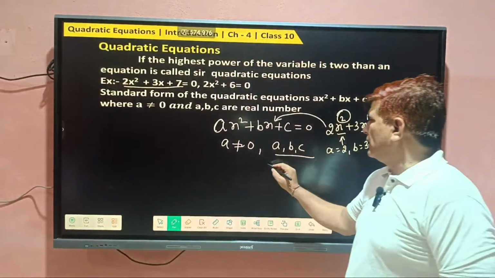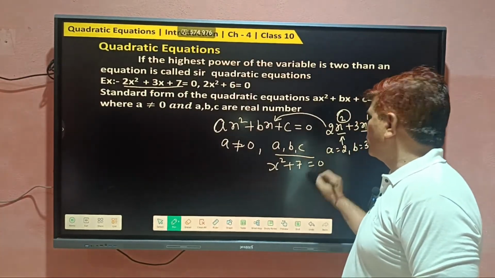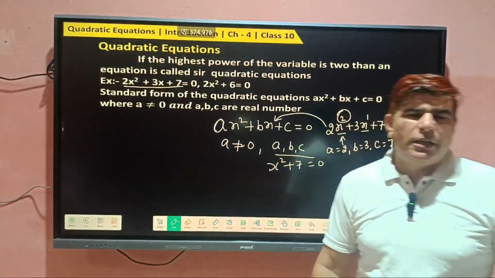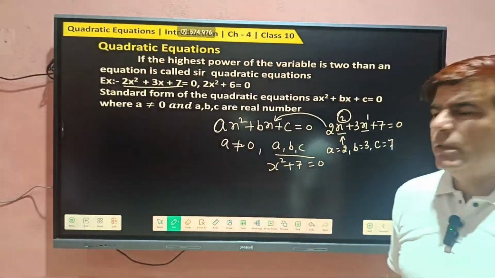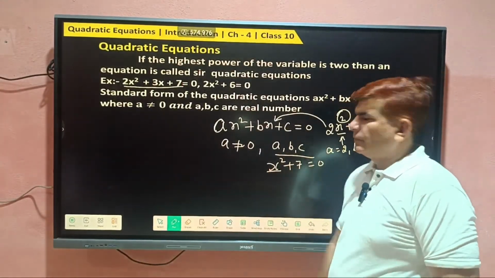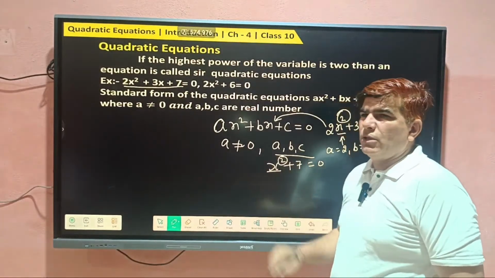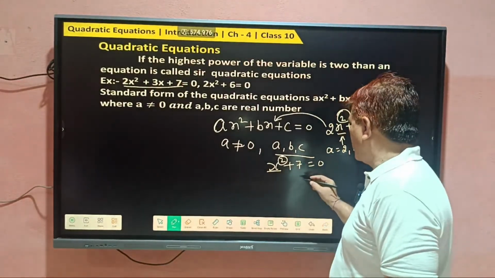Another example you can say like this, sir: x square plus 7 equal to 0. Is it a quadratic equation? Yes, we can check. X square is this. What's the highest power of this variable? 2. So it's a quadratic equation.